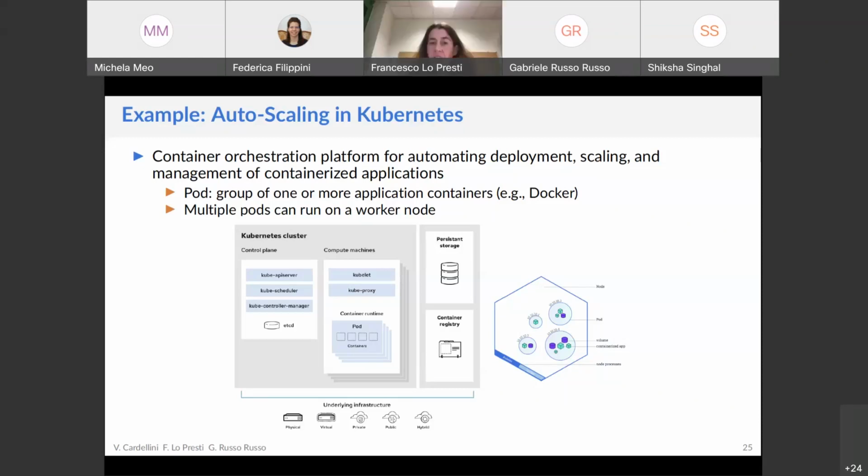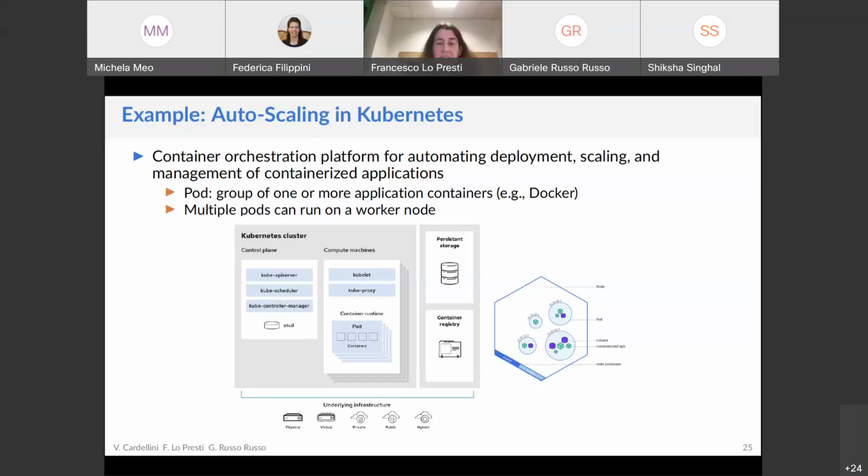The framework we consider is Kubernetes, which is a well-known and the most popular platform for container orchestration. And Kubernetes can handle the scaling of containerized applications that are deployed using Kubernetes.